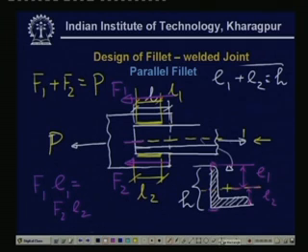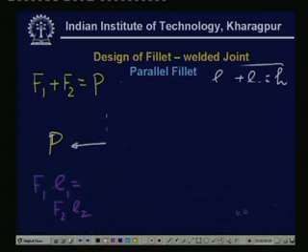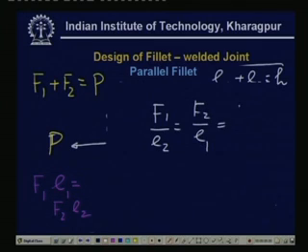Then we see that F1 and F2 have these relations. If you now see that we have F1 by E2 is F2 by E1, and that is equal to F1 plus F2 divided by E1 plus E2.